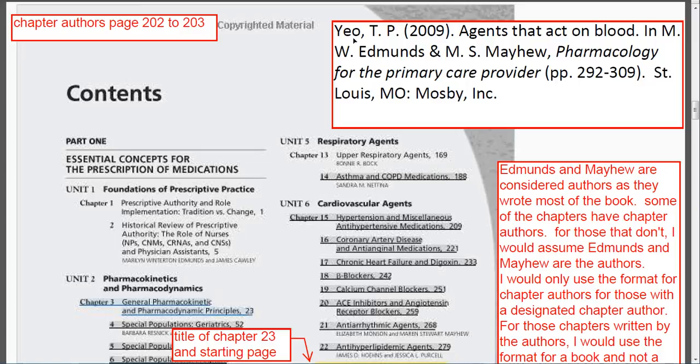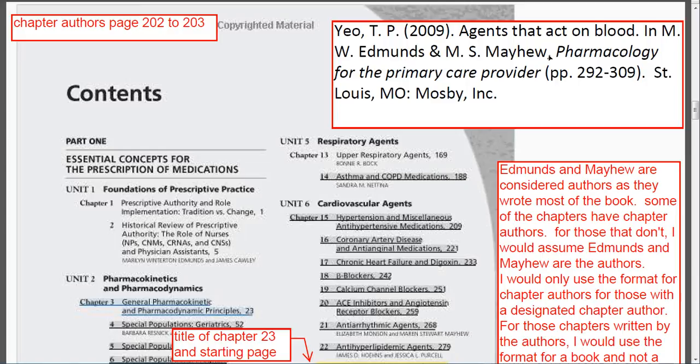So the way I would do that for this one is Yeo TP, she's the chapter author. Here's the date of the book. The title of the chapter is Agents That Act on Blood. Notice that only the first word is capitalized. And then in M.W. Edmonds and M.S. Mayhew with a comma here.